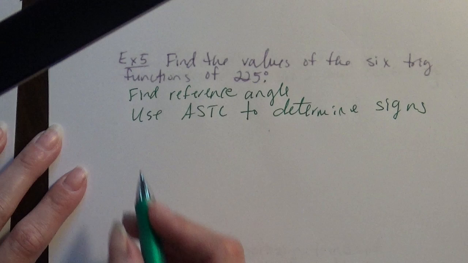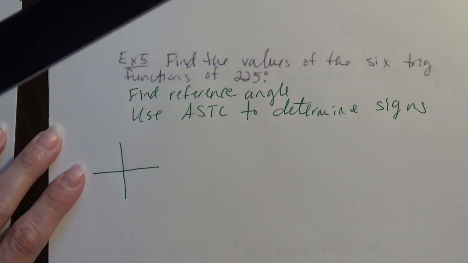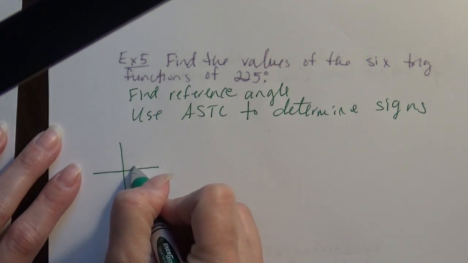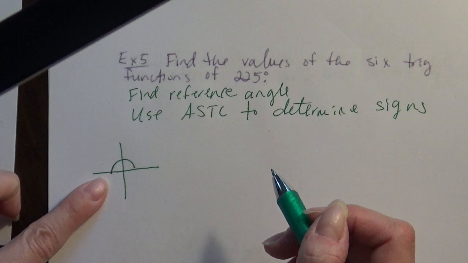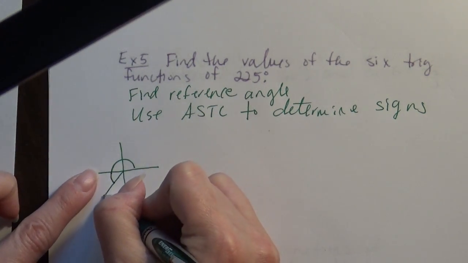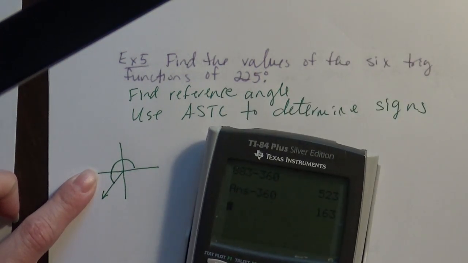Let's draw a picture. 225 degrees, we might have done it on the previous page, I'm not sure. But 180 will get us back to here, and then we need to go another 45 degrees to get the 225, like this.